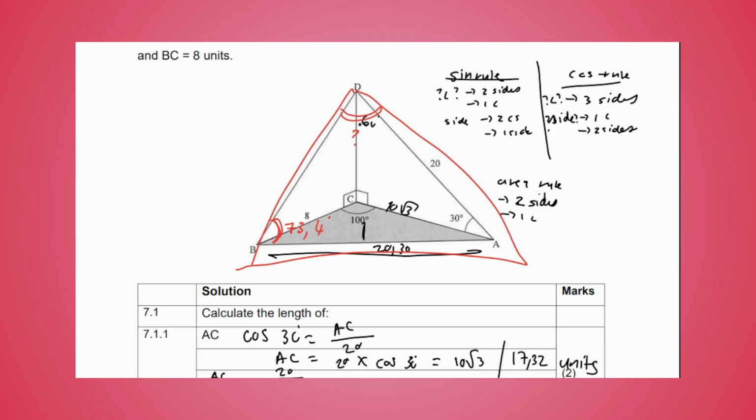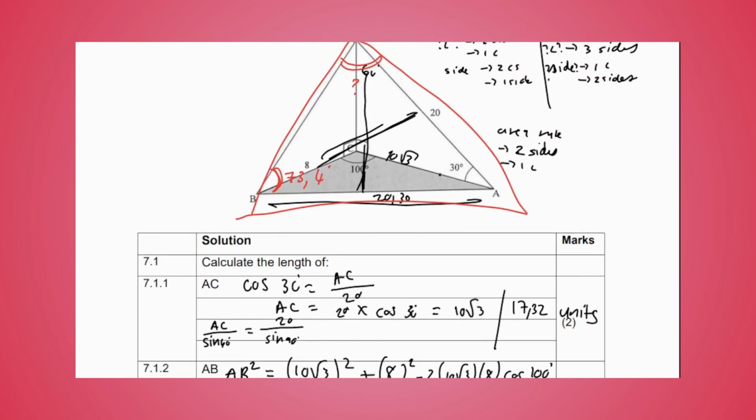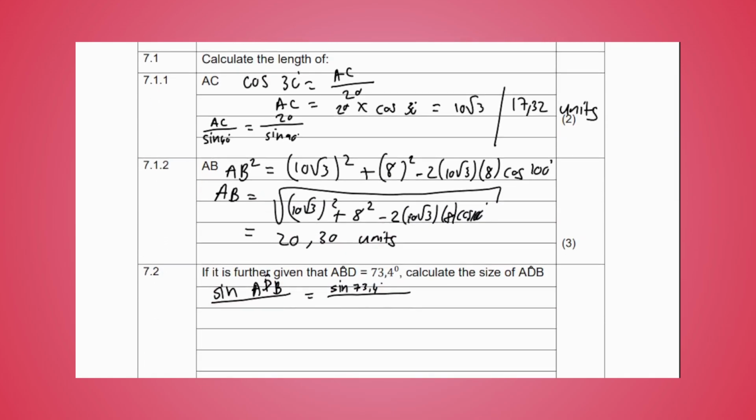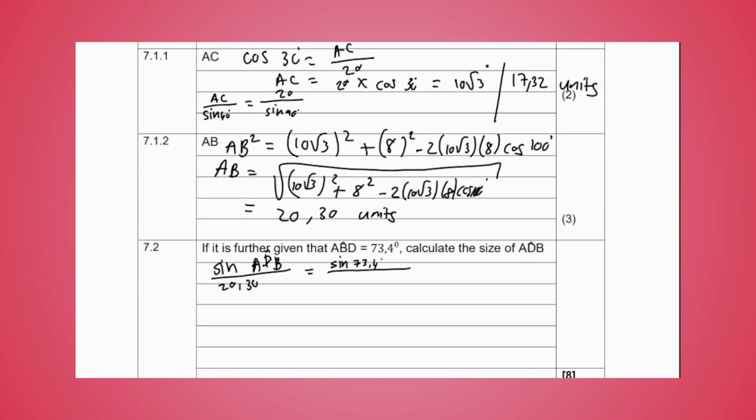We are looking for this angle, and do you see it's opposite this side? They give you this angle. There's a pair there. Remember, when you're finding with sine rule, it always has to be a pair and a pair. Do we see that we have all the information we need to use sine rule? So ADB is opposite this 20,30, and then the other angle is opposite the side that is 20 in length.